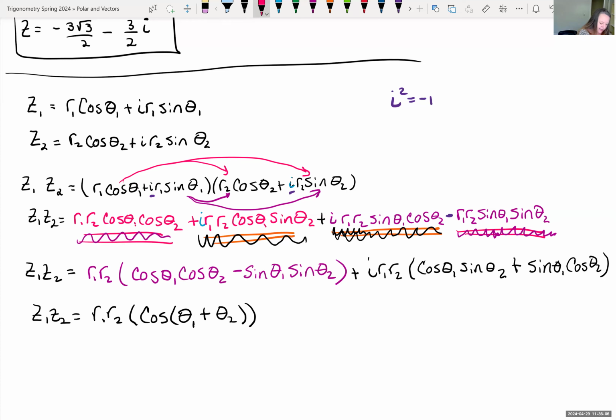Notice we have an r sub 1 r sub 2 on both, so I can factor that out, and then plus i.